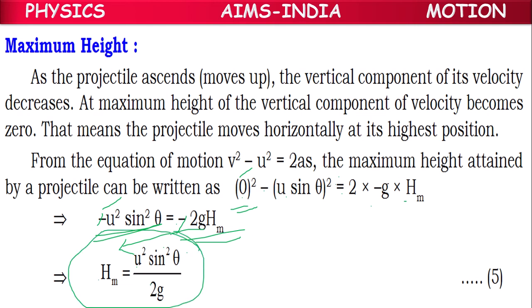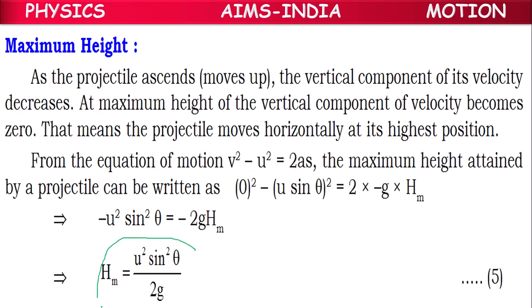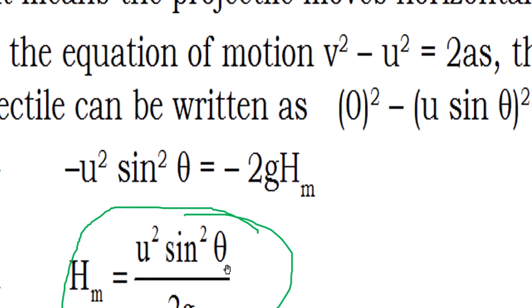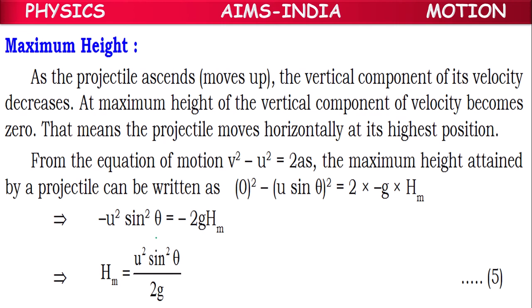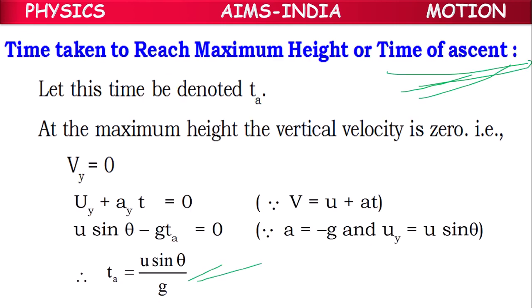So in this way, we got the equation for maximum height. The equation for maximum height in the case of an oblique projectile is H_M equals u square sin square theta by 2g. So, children, we have got the equation for maximum height.